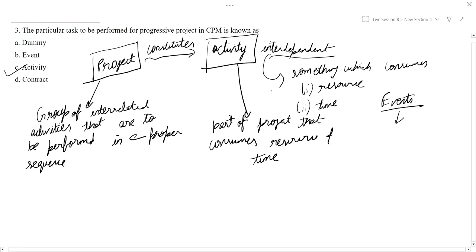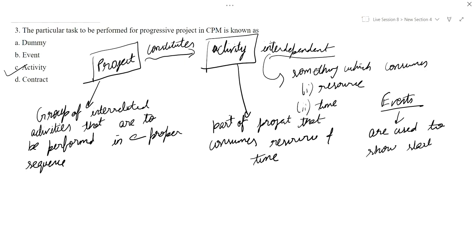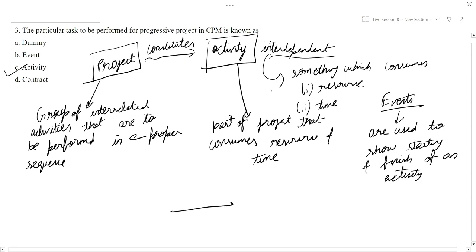Events are used to show starting and finish of an activity. Like, this is an activity, this is a head event, this is a tail event.